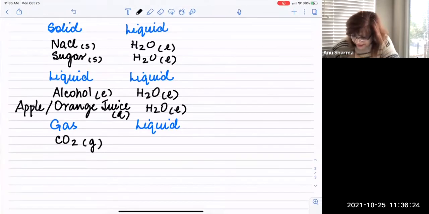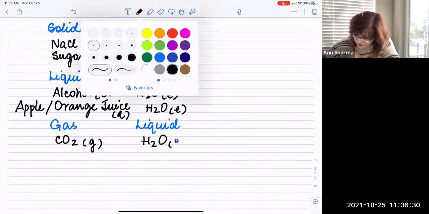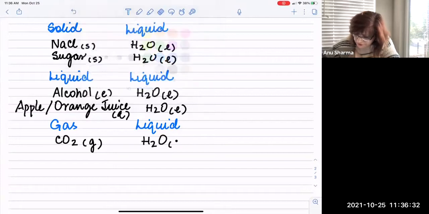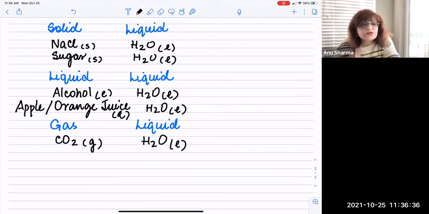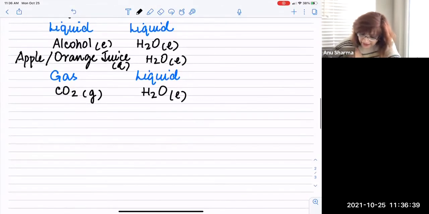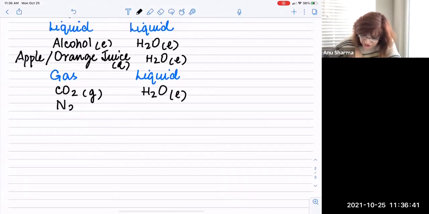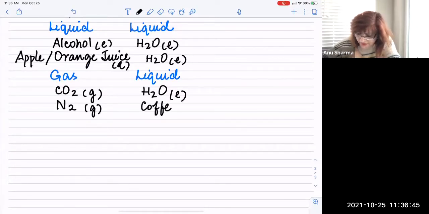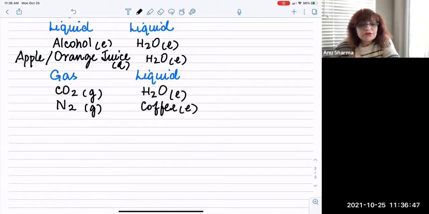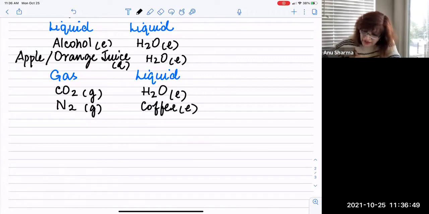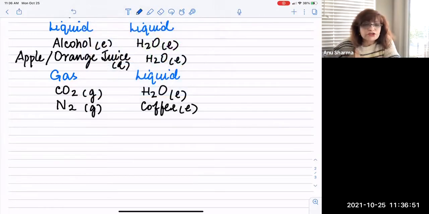Now, carbon dioxide as a gas bubbled in water as a liquid gives you soda water. Otherwise, nitrogen gas is also bubbled in coffee, and coffee is a liquid, so that gives you nitro brew or whatever. Okay, so that's one type of solution we commonly know.